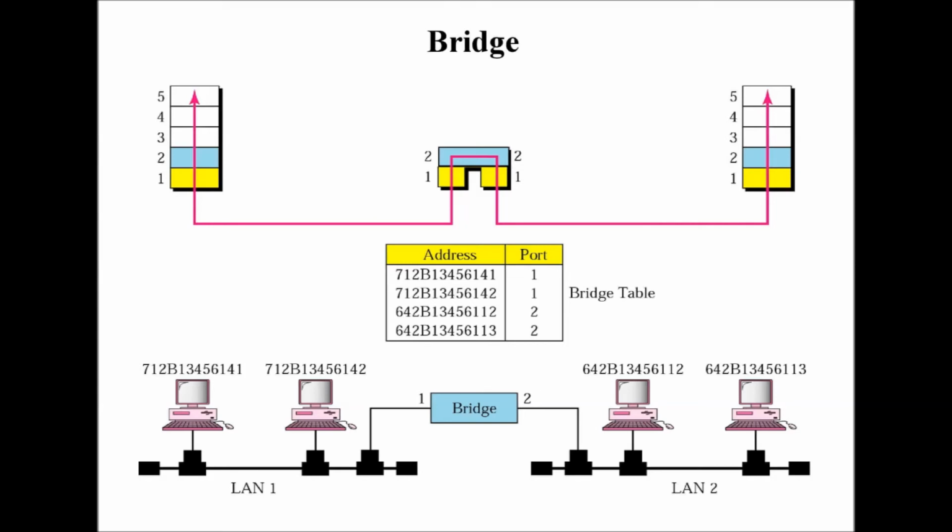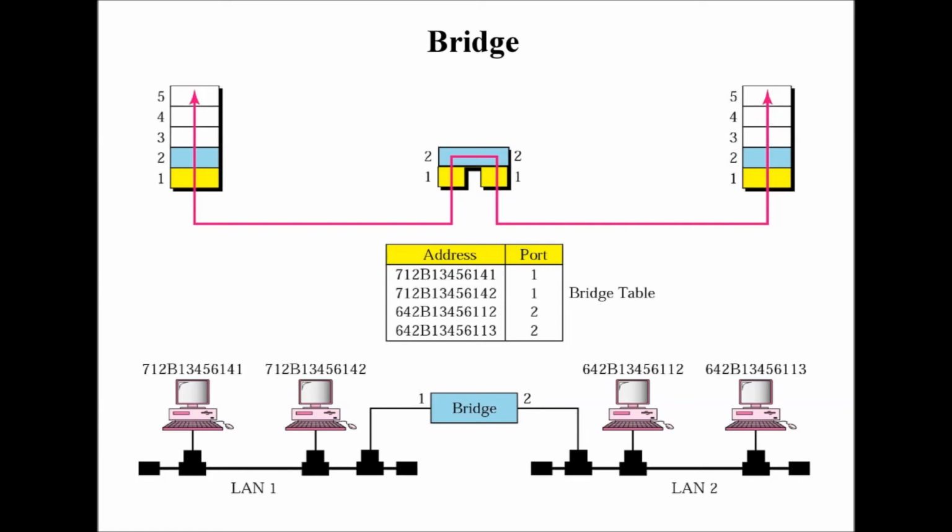In this diagram, dear students, you can see the bridge concept or bridge device. On the left side you can see different LAN devices, and on the right side you can also see different LAN devices. There are two local area networks here, LAN 1 and LAN 2.